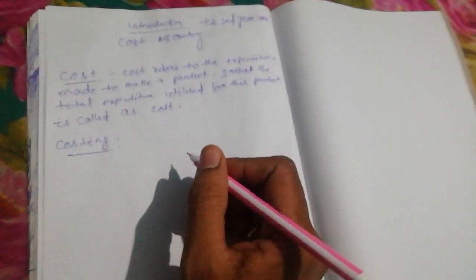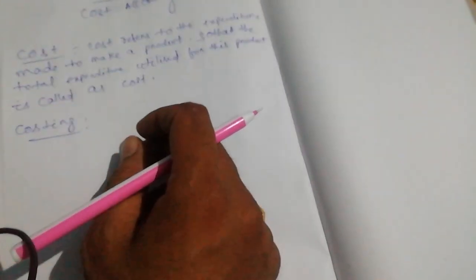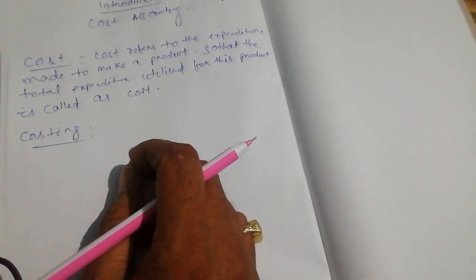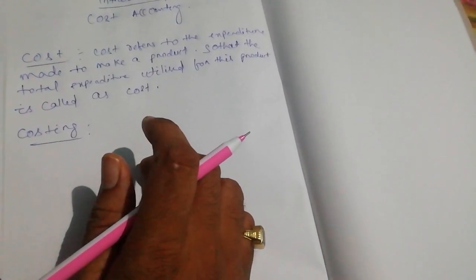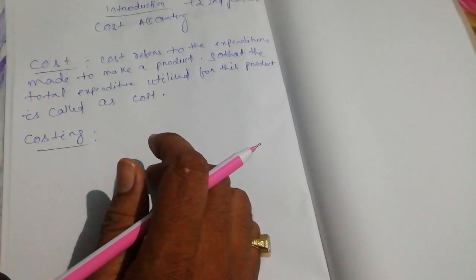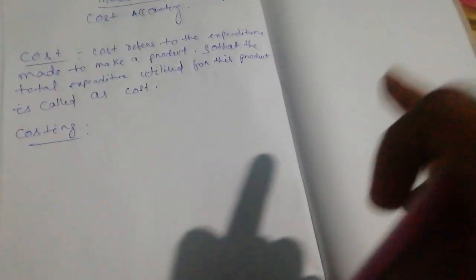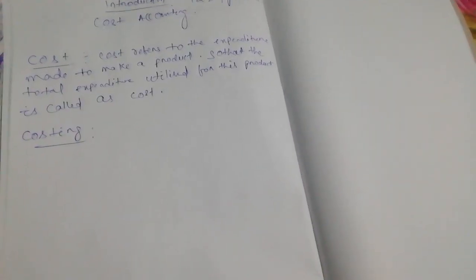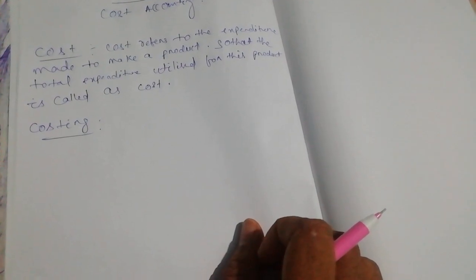Costing is the technique which has to be applied for getting the cost, so that the particular amount of expenses which are to be expended for getting the cost is identified.